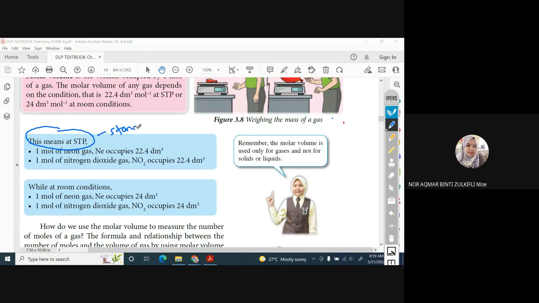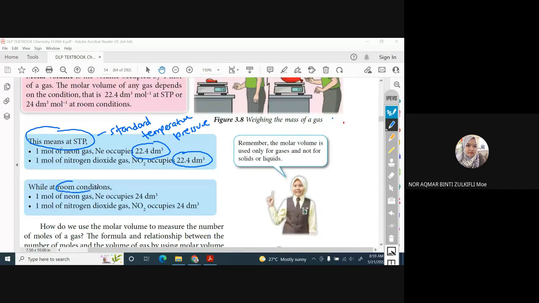Standard Temperature Pressure. Actually, it's a short form for Standard Temperature Pressure, STP. So, this is the unit you need to calculate, 22.4. Tapi ini dalam exam dia akan bagi. Tak apa, nanti tengok contoh.